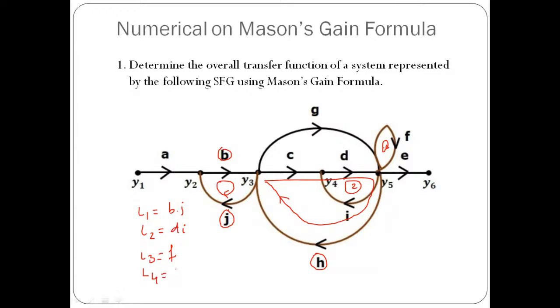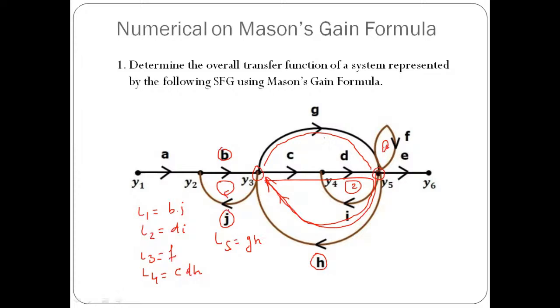That will be C into D multiplied by H. In the same way, here we have one more loop. See, starting from y3, if you move and reach y5, and then from y5 come back to y3, the gain of loop number 5 is going to be G into H.